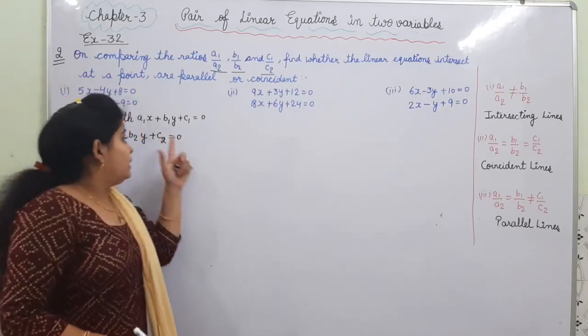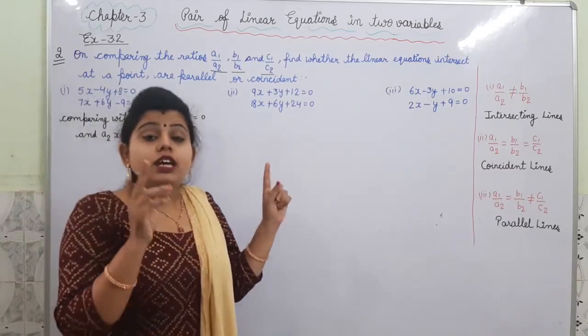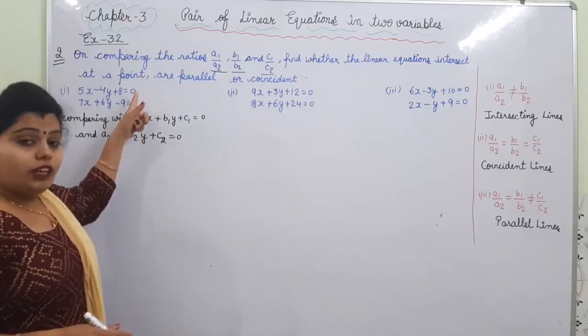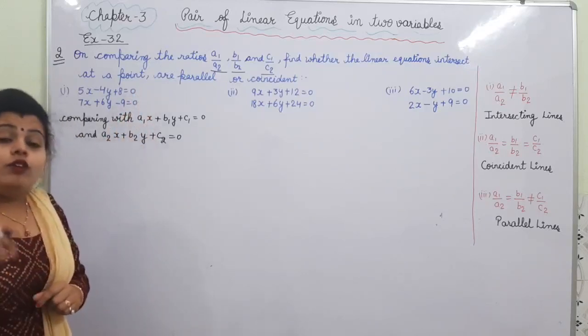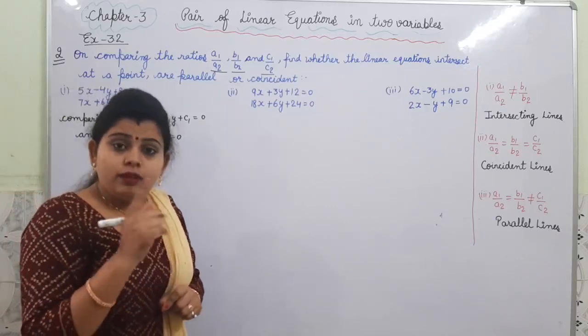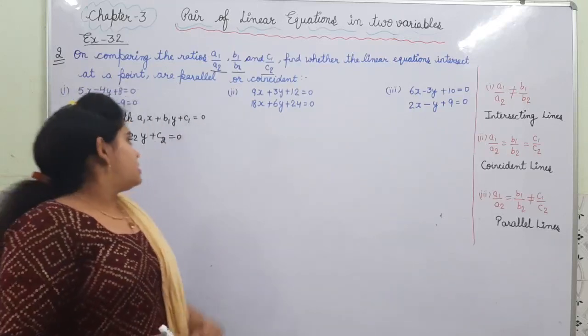Yes, dear students, these are our standard form of pair of linear equations. Now we will compare our given equations with these two standard equations, and from here we will get the values of A1, B1, C1 and A2, B2 and C2.